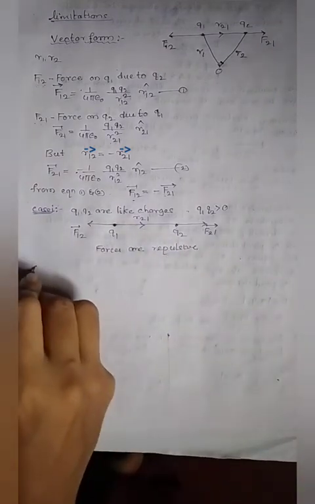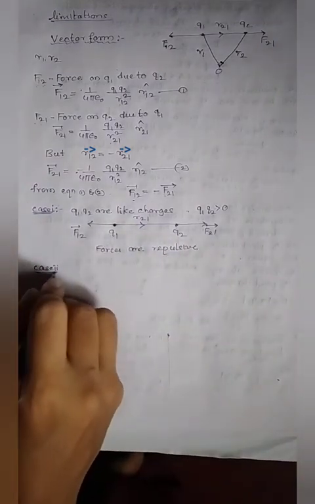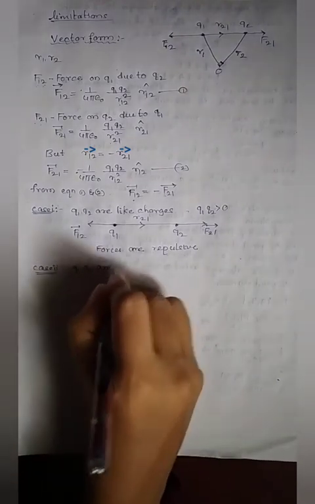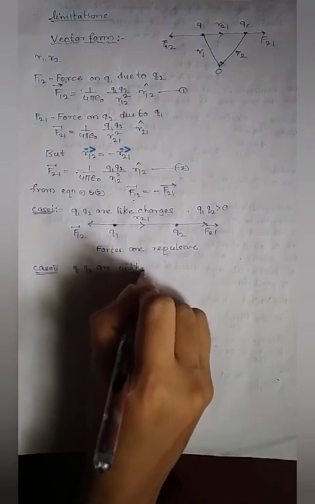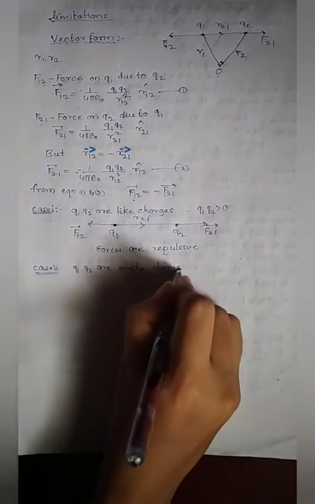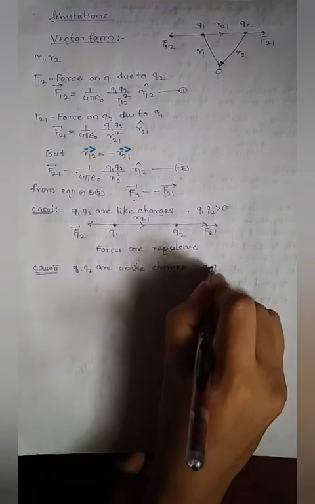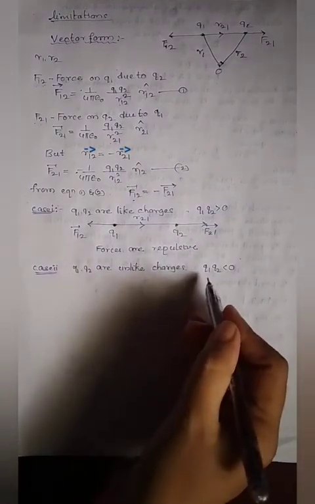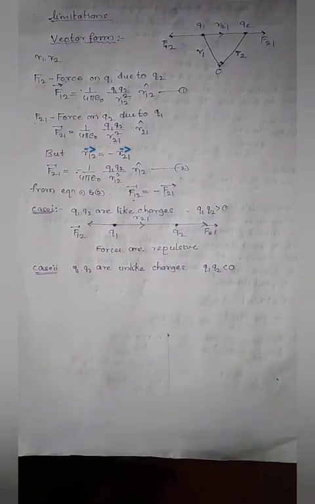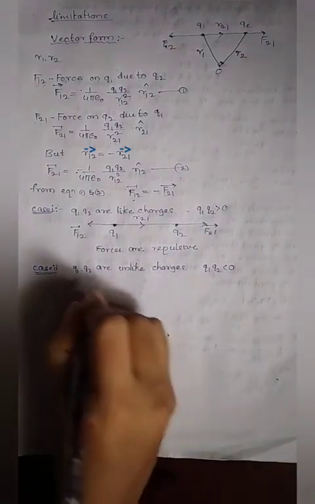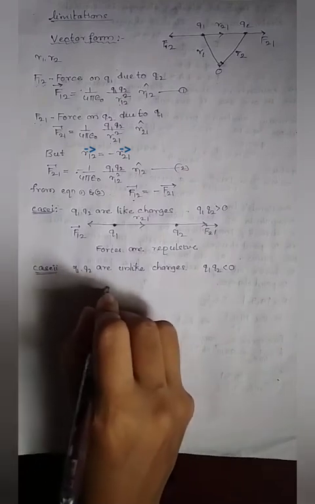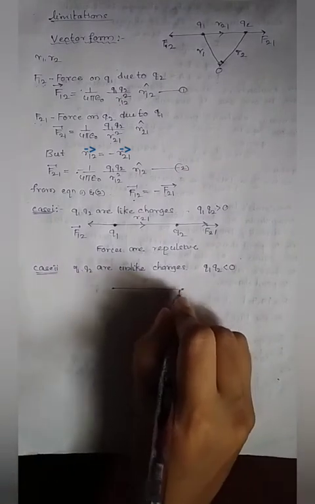Now consider case 2. Q1 and Q2 are unlike charges. Then the product of Q1 into Q2 is less than 0, because one of the charges is positive and another charge is negative. Now the forces can be pictorially represented like this.